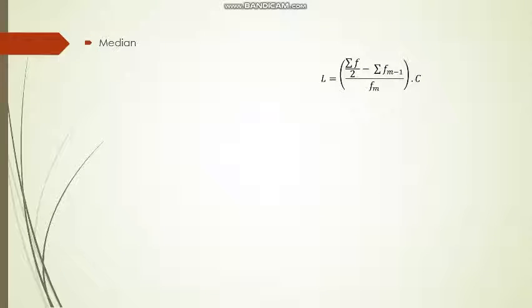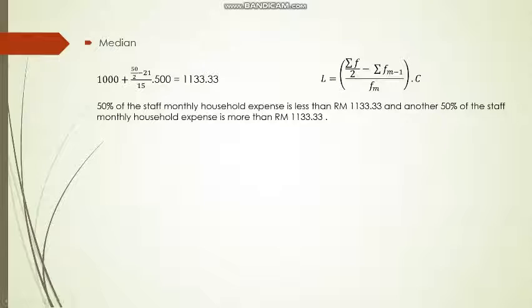First, we are going to follow this formula. L represents the lower class boundary of the median class. Summation F represents the total frequency divided by 2 minus summation Fm minus 1, which represents the cumulative frequency before the median class.